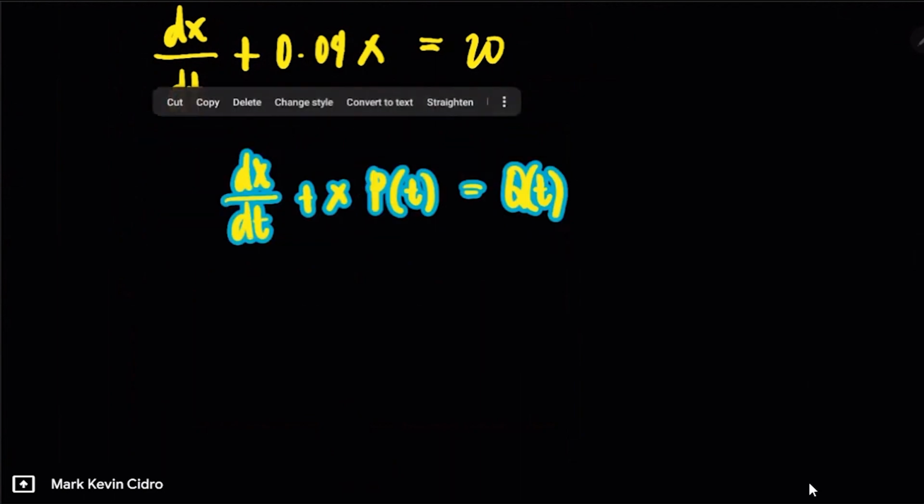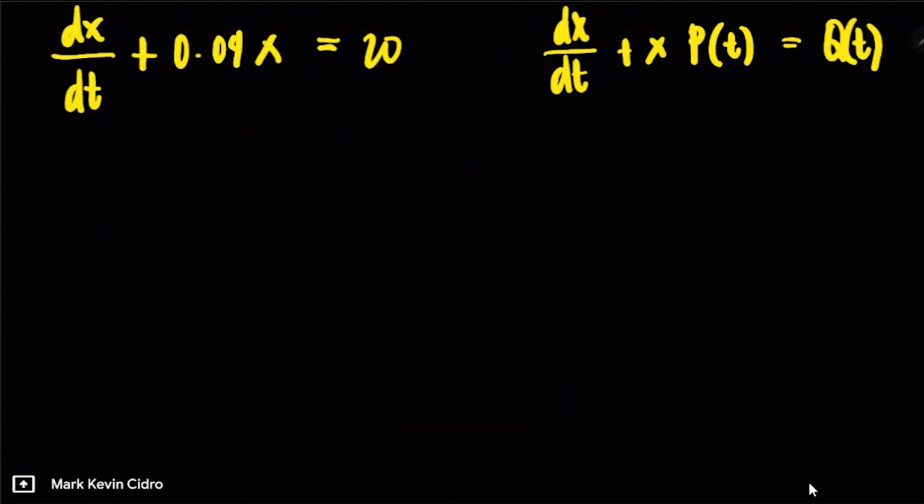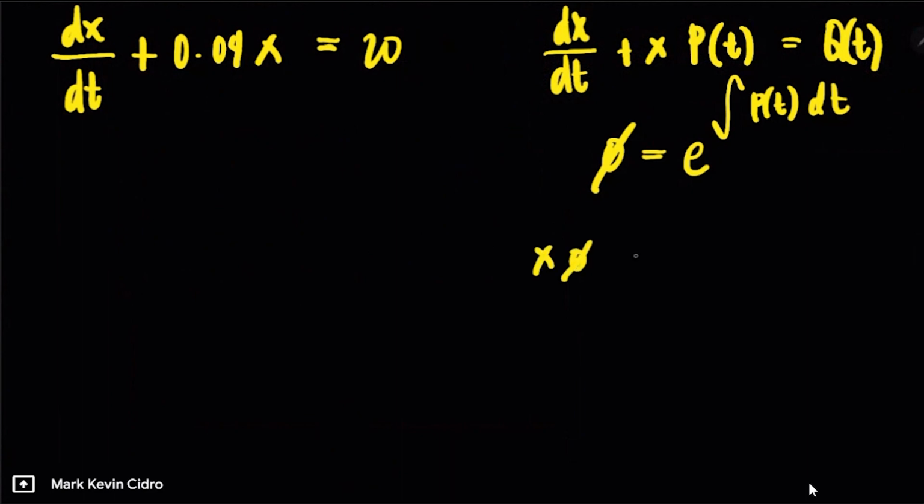Standard differential equation. Then we need to solve for phi, which is equal to e raised to the integral of p of t dt. Then our solution is x times phi is equal to the integral of phi times q of t dt plus c.